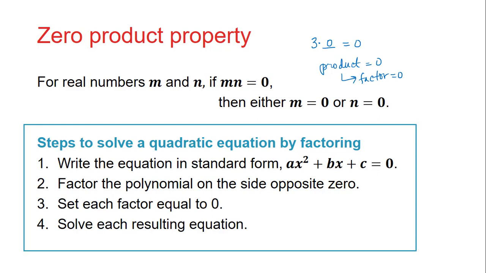Therefore, the steps to solve a quadratic equation by factoring are: 1. Write the equation in standard form, ax squared plus bx plus c equals 0. Then factor the polynomial on the opposite side of 0. Then set each factor equal to 0, and finally solve the resulting equations.